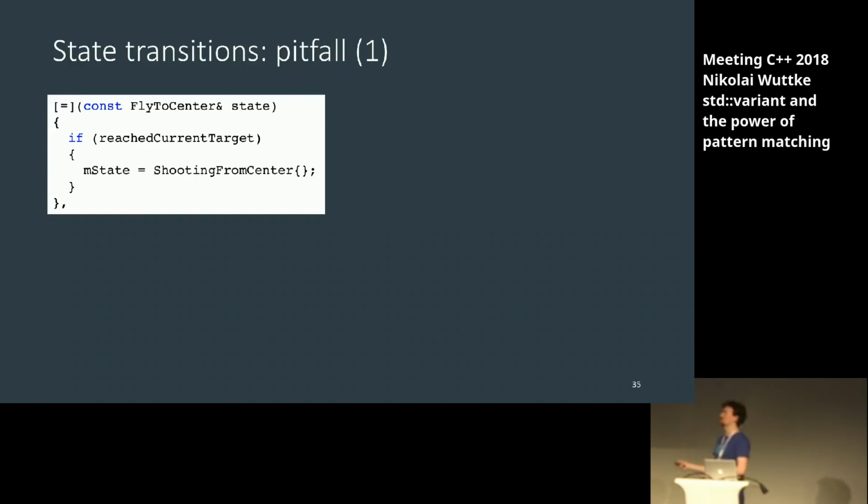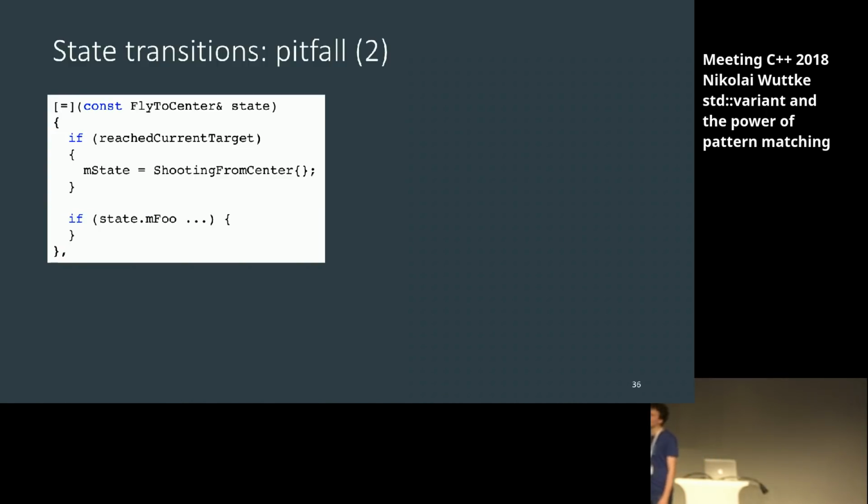And if that's the case, I want to go into the being in the center state. And so you could do it like this. So this is some code inside a method of the spaceship class. And you can capture the this pointer, and then you can just assign to the mState member variable the new state. And in this case, it will work fine.